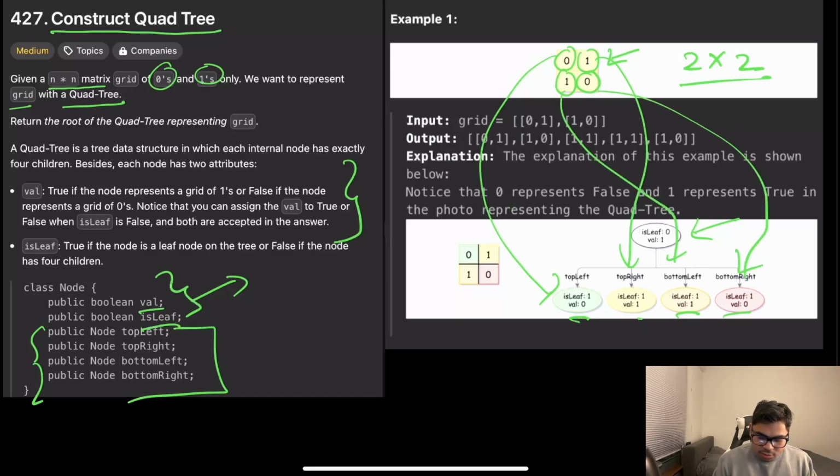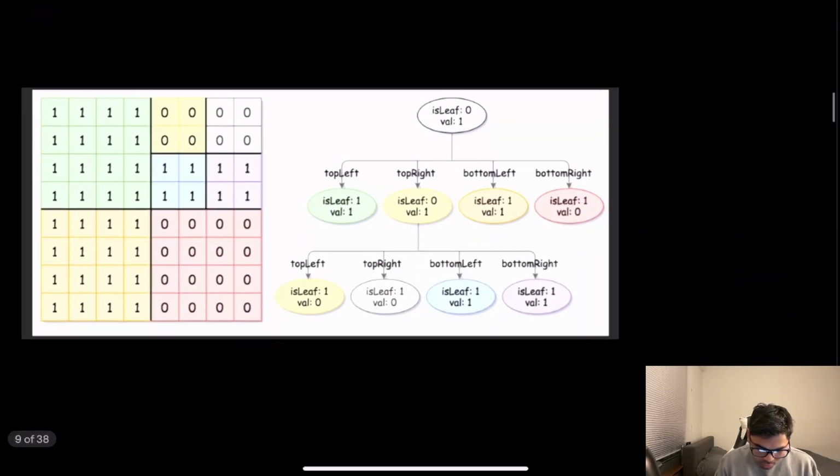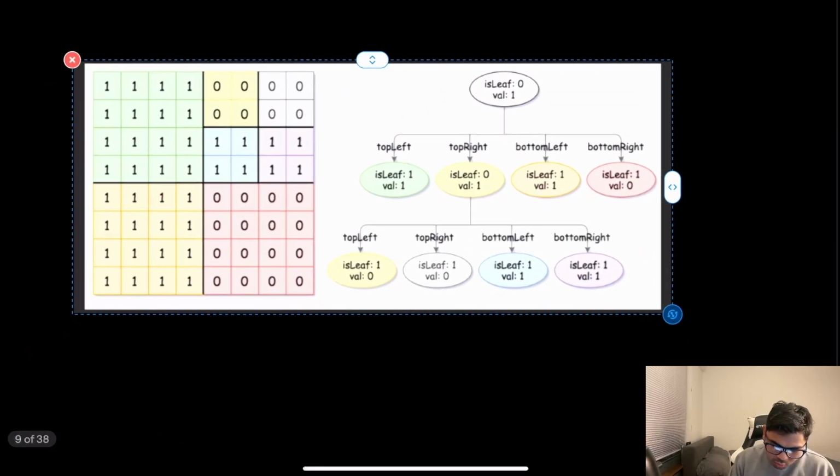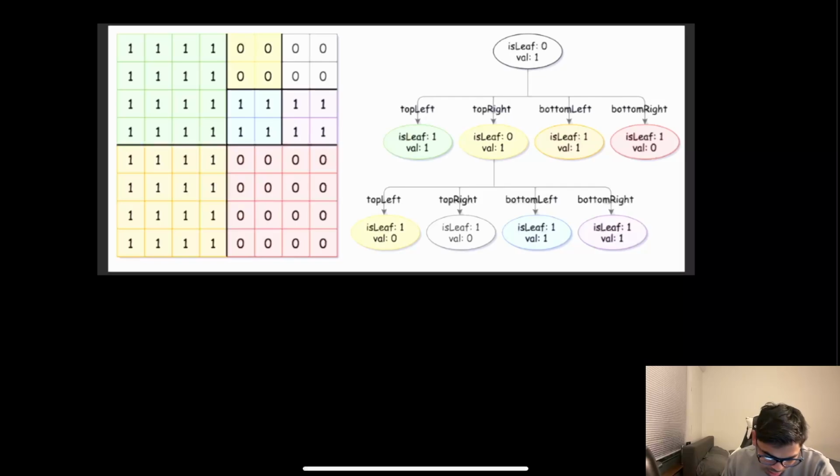So let's see this on a bigger example, which is this one. Now this will explain exactly what the problem is asking us. Let's try to understand it. For any matrix, the parent is not going to be a leaf unless it's an empty matrix they are giving us. Then it will be a leaf and value will be 0 or 1, whatever.